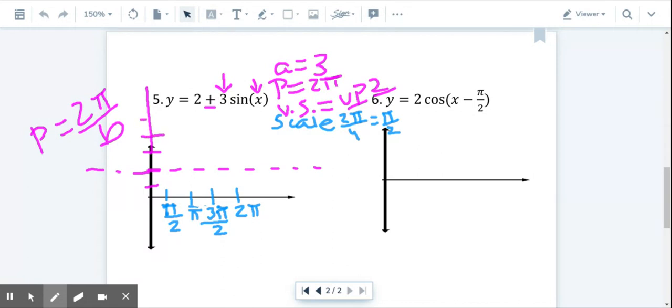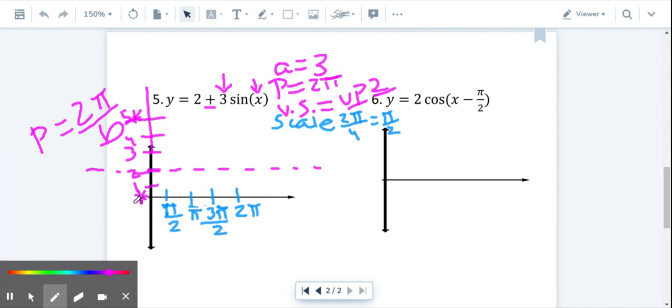So 1, 2, 3, that is going to be where I draw my asterisk. So that would be 1, 2, 3, 4, 5. So make sure you label. And then when I go down 3 from my new x-axis, 1, 2, 3, 0 becomes my new bottom point.